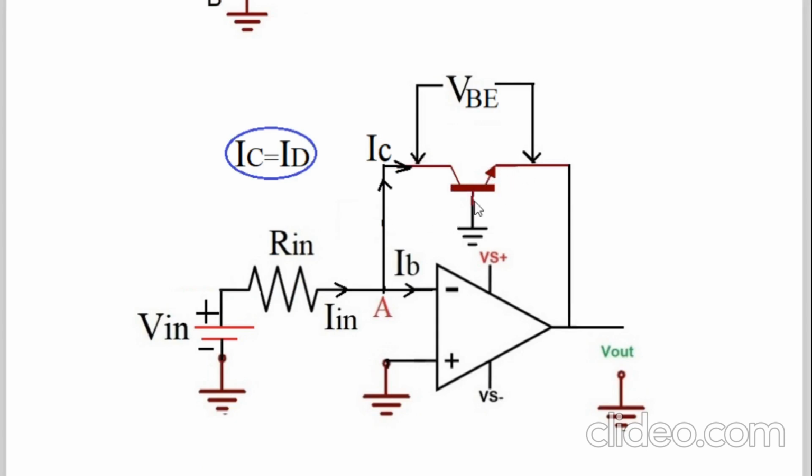The base of the transistor is connected to the real ground, meaning the ground of the op-amp. And the collector of the transistor is connected to point A, and point A is what? Virtual ground.